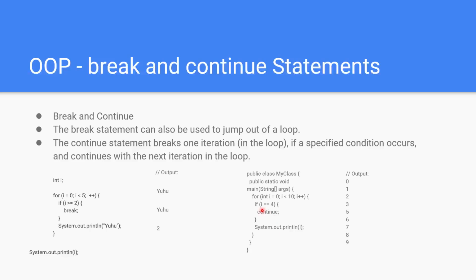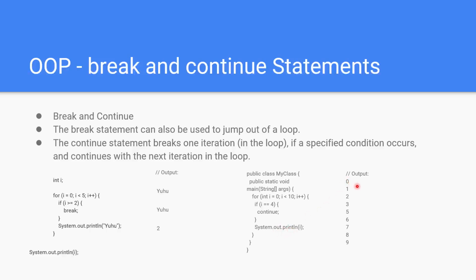The continue statement allows us to exit a particular iteration. So we can see here we're initializing I to be 0, and we're going to loop while I is less than 10 and then count up by 1. In this case, we are going to evaluate for a condition. If I is equal to 4, we're going to say continue, which means when I is equal to 4, we're going to skip this iteration of the loop. And we're going to continue to print whatever the value of I is.